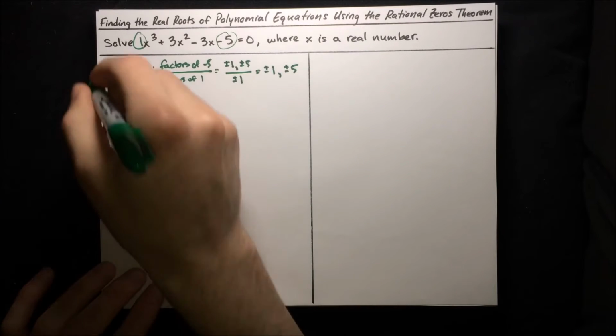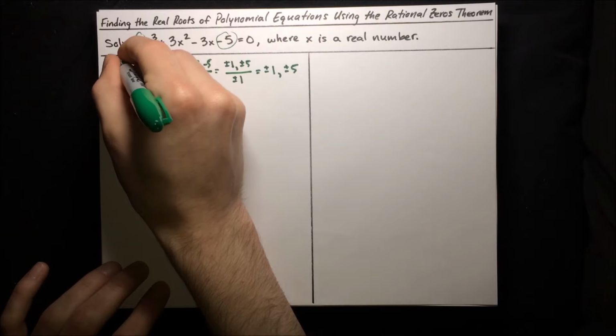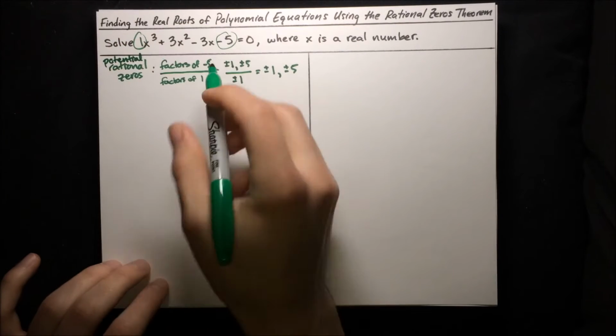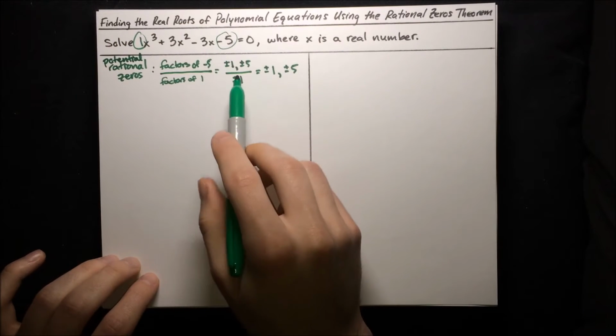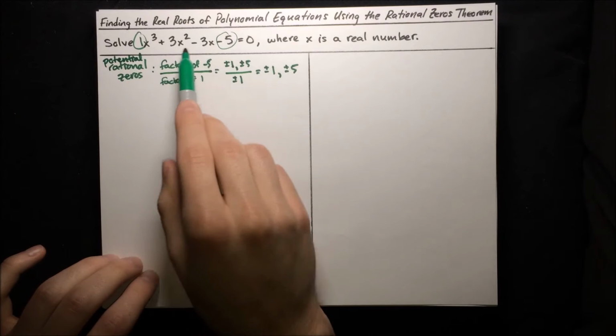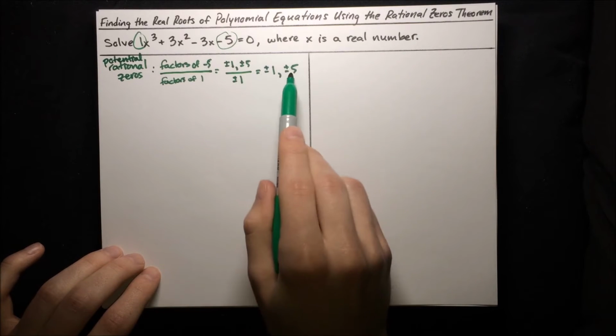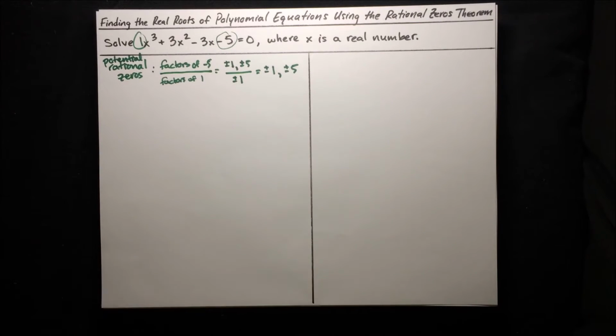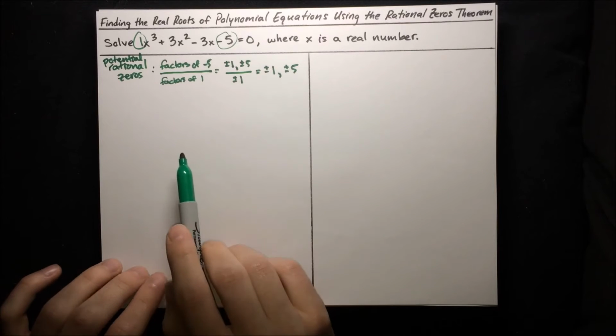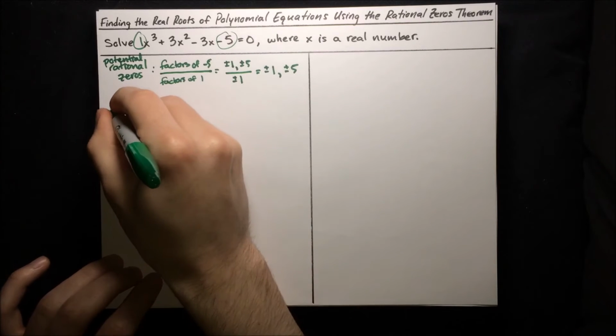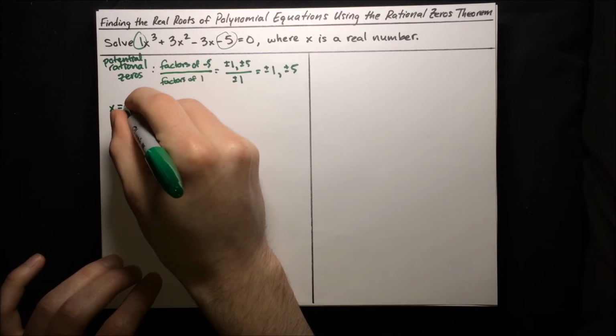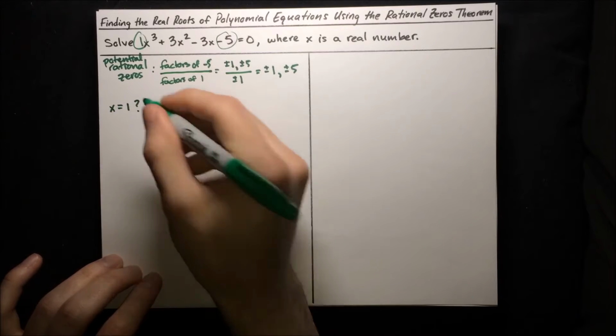Now these are the potential rational zeros. Not necessarily are these rational zeros, but if this polynomial has a rational zero, then it's got to take one of these forms. So why don't we try testing out these zeros? First, let's try x equals positive 1. Is that a 0?